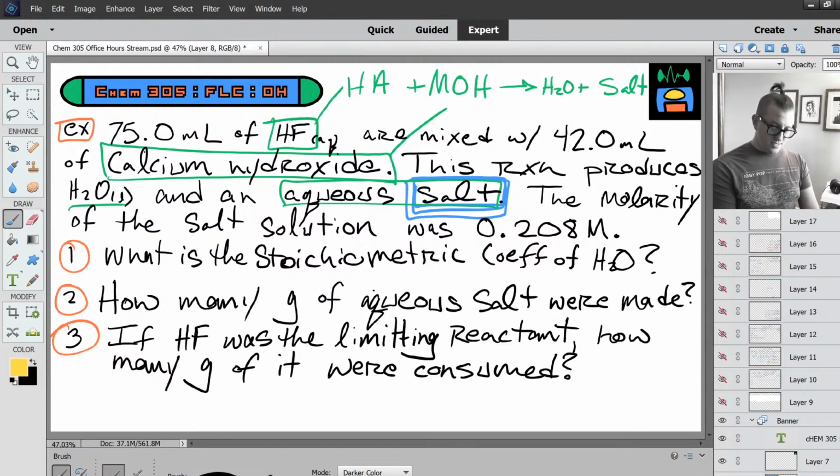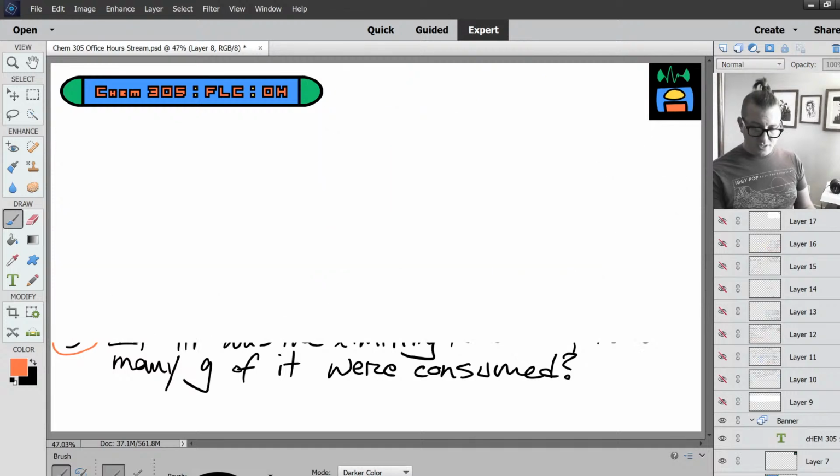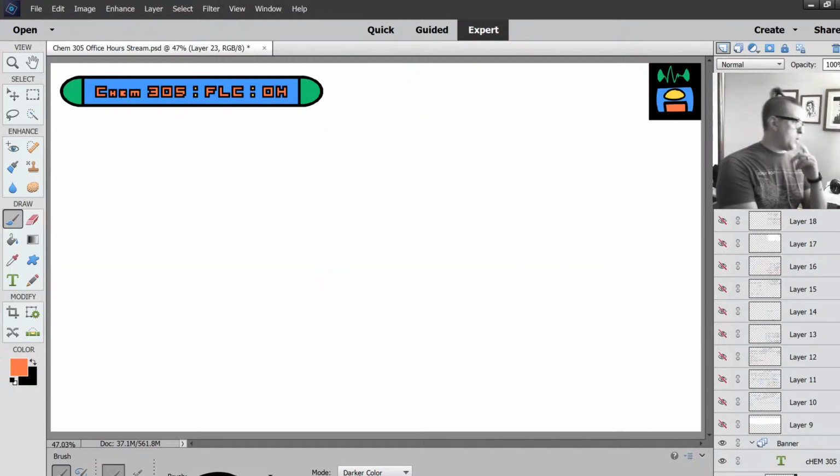Notice that A minus is F, fluoride, and the metal in the metal hydroxide is calcium. So the first step of this reaction, we need to write the balanced chemical equation so we can find our stoichiometric coefficient.